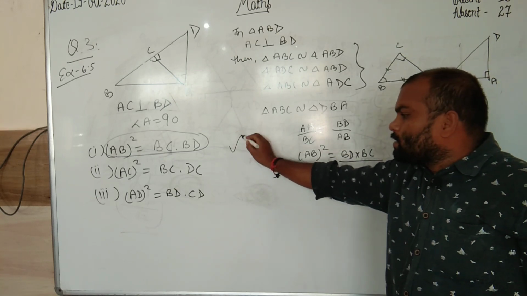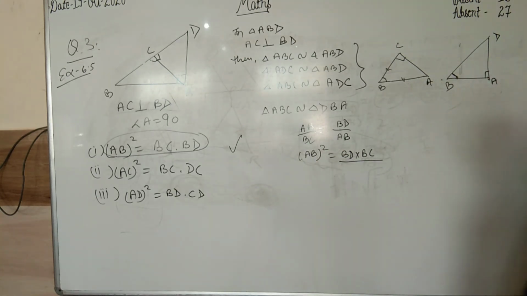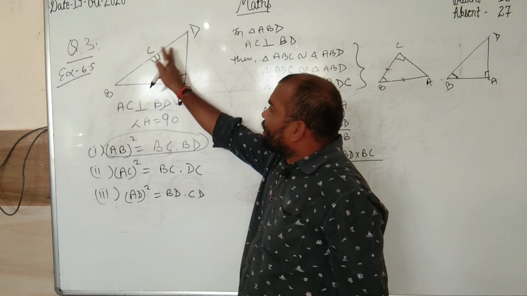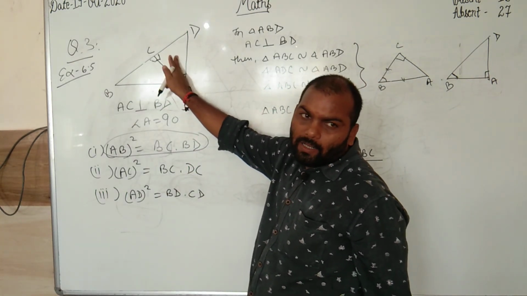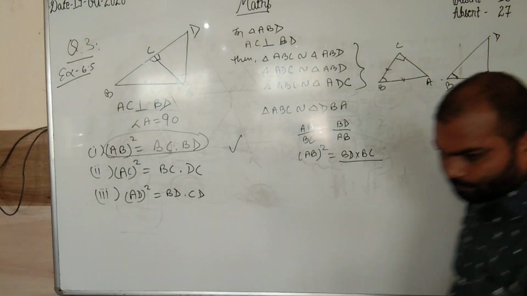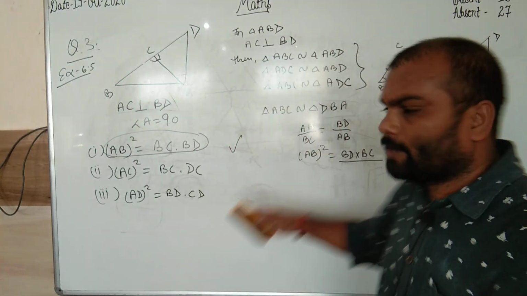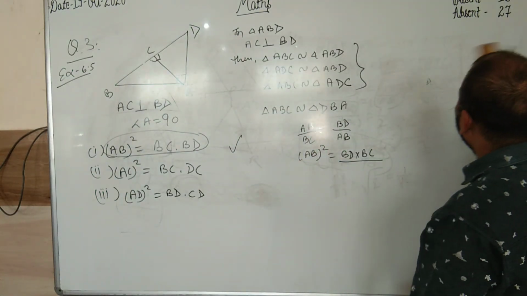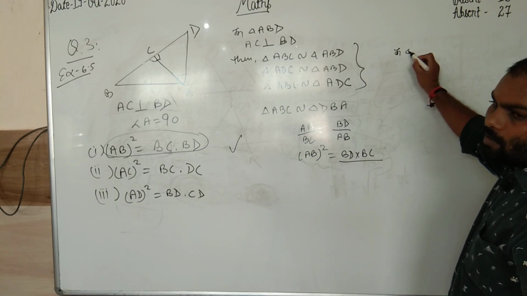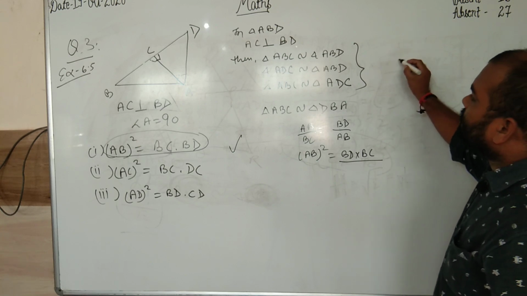Okay. Similarly, now see second case, AC, BC and DC. BC and DC both are in a smaller triangle. So we will prove these two triangles similar. Clear? Which two triangles? Which two triangles?